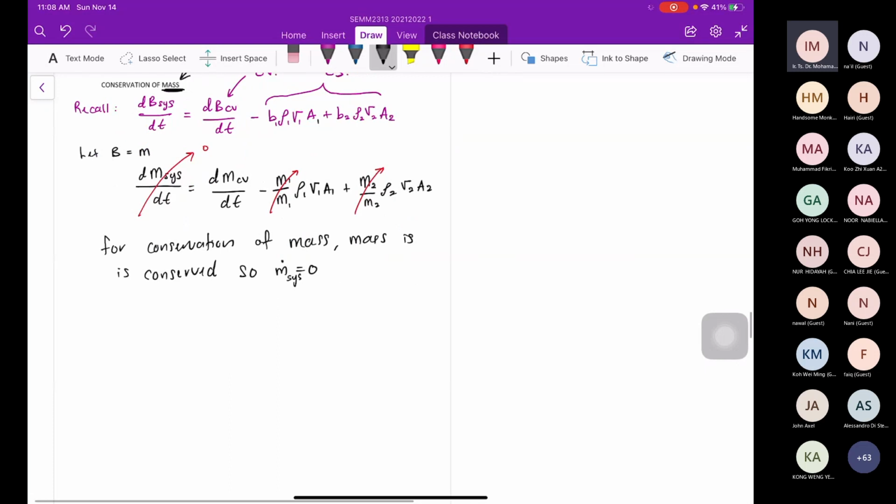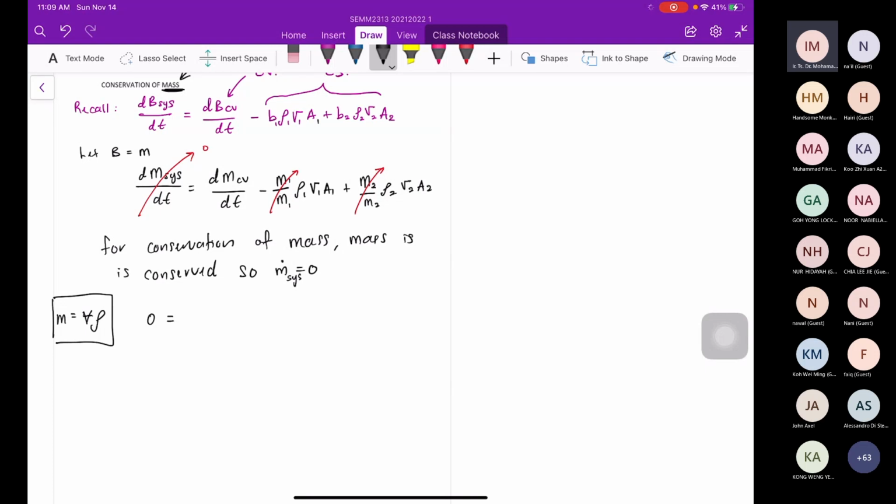So what we are left with now is 0 equals, okay, this is mass. I want to convert mass into density times volume. This is the conversion.